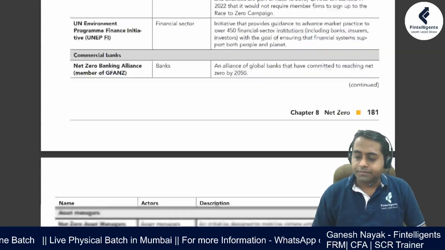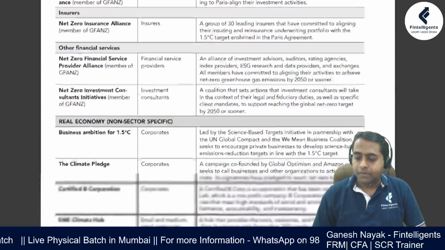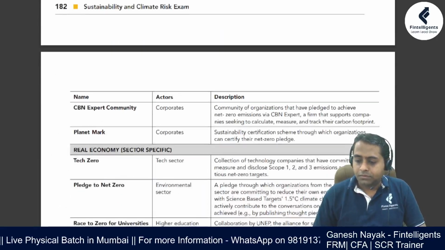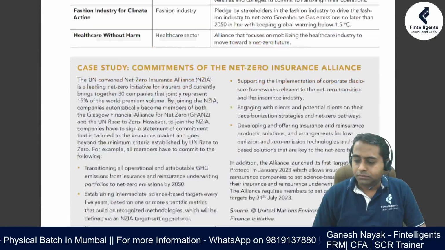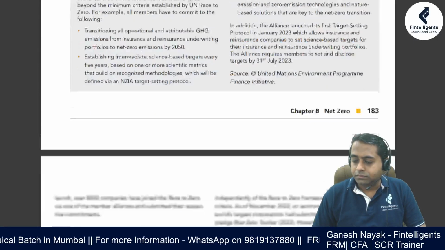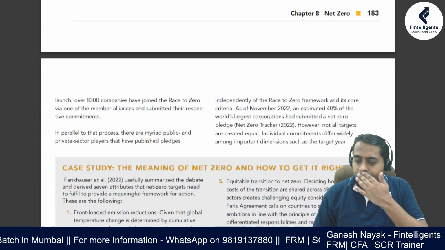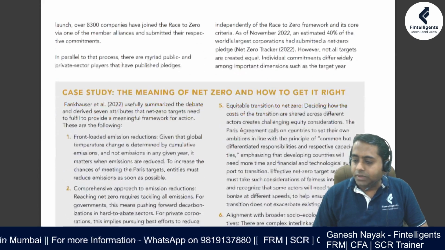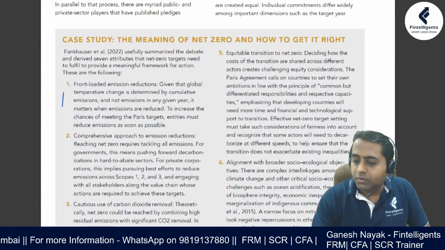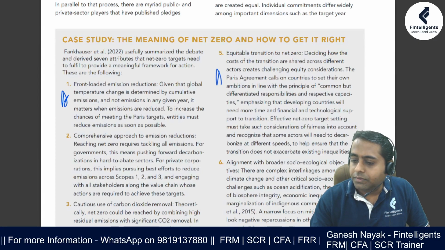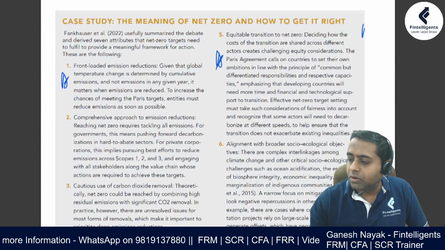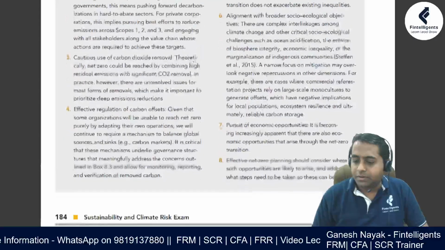Table is okay. Meaning of net zero and how to get it right. Front-end load mechanism. Equitable transition. Actually, you can read all of these pointers. Important.